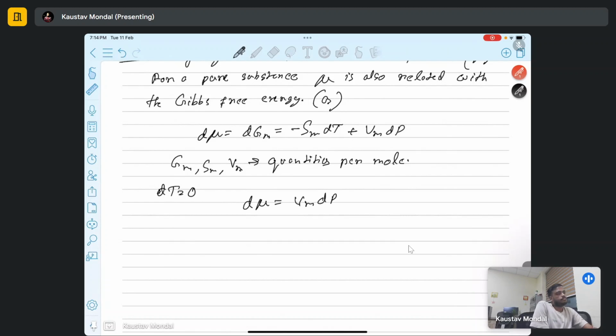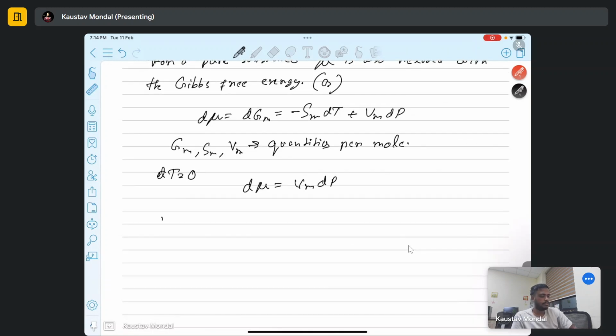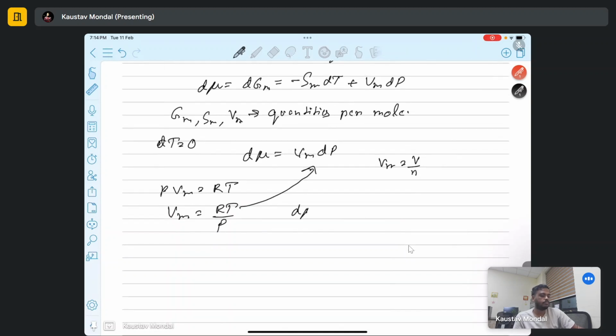Now PVm equal to RT, because Vm is V by n, so n comes to this side and this becomes Vm. Okay, so Vm equal to RT by P. Just plug it in here. So d mu will now become RT by P into dP.